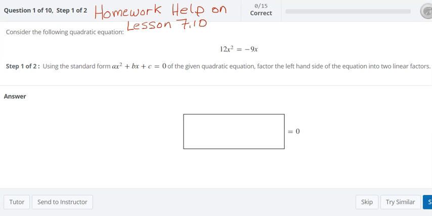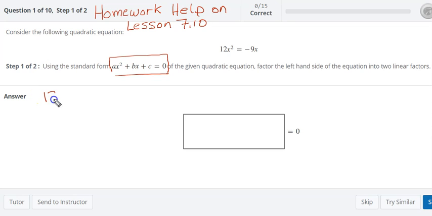This will be homework help on lesson 7.10, where we're using factoring to solve quadratic equations. Now, this is standard form, and the strategy is to put this into standard form.